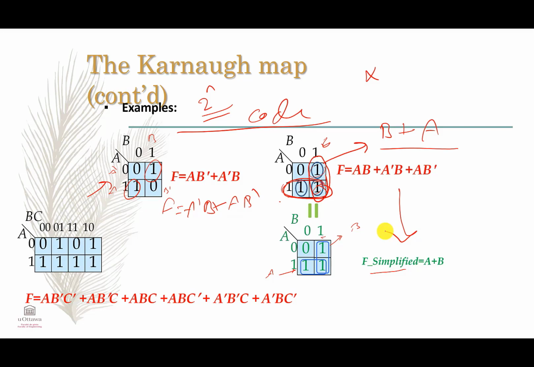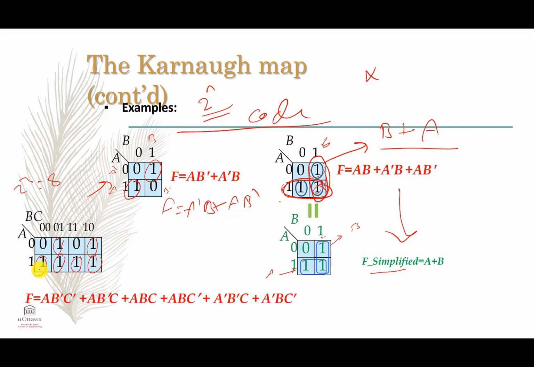Now, let's take a look at this Karnaugh map, which has three variables. Three variables is going to be what? 2 to the power 3, so it's going to be 8 cells. That's why we have 8 cells here. If we would like to write this function unsimplified, what you have to do, guys, is take the code of each one in your map and neglect the zeros.